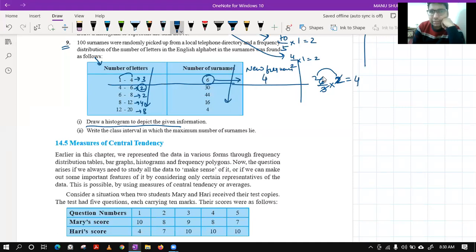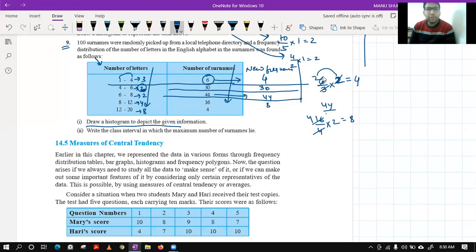Then in this case, as it is same as the minimum width, so you will have the same frequency without any change. Similarly, 44 upon 2 will be the same thing, no change. Then you have 16, it will change because width is different, it will be 8, and so on. So by that you can easily draw the histogram.